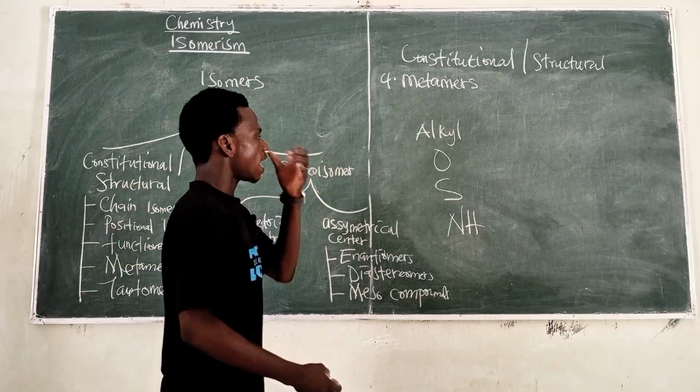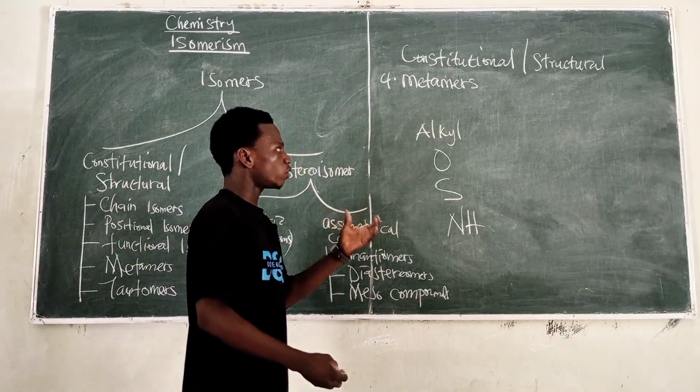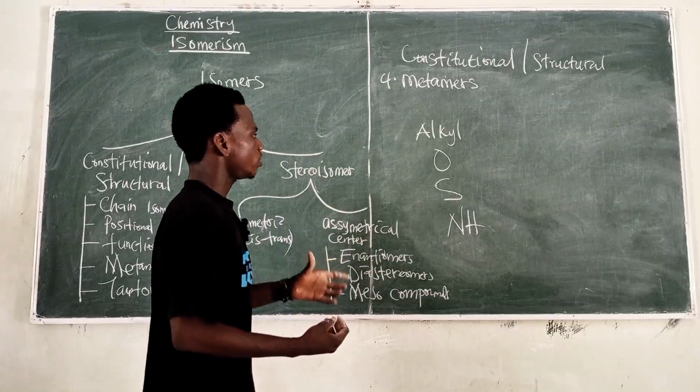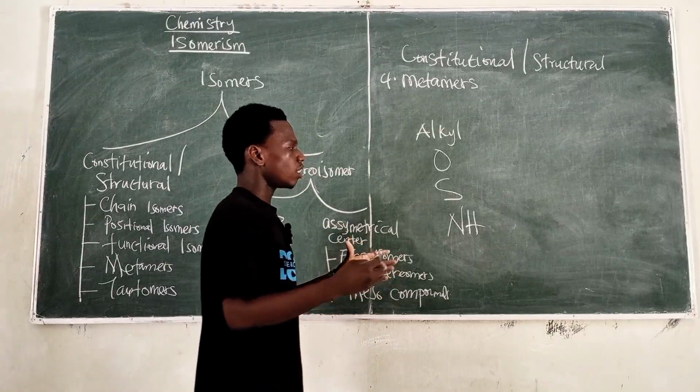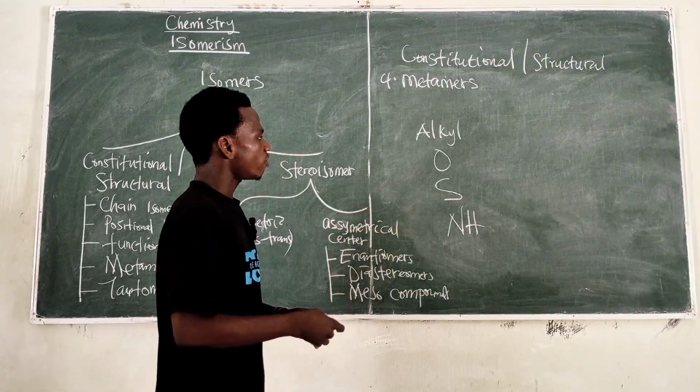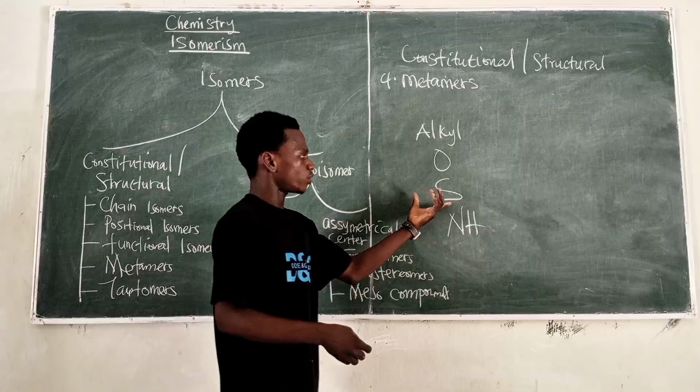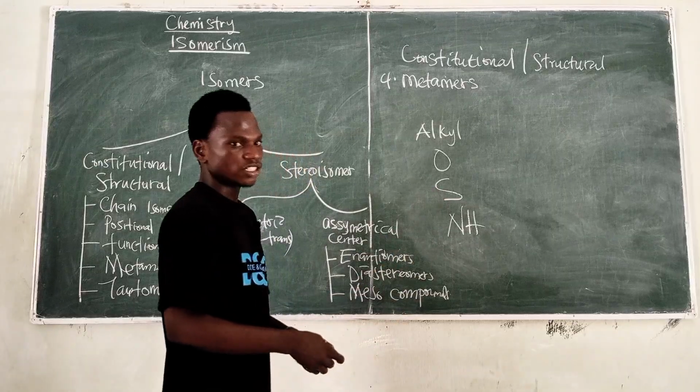So metamers are compounds with the same molecular formula, the same functional groups, but different alkyl groups on either side of O, sulfur, or NH.